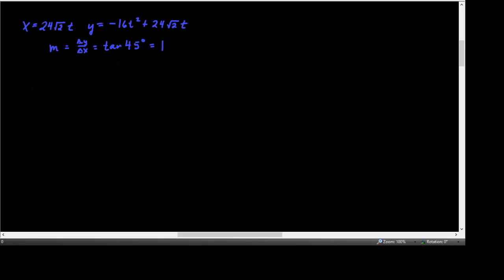Just as a review, the tangent of an angle is defined as y over x if we have an angle in standard position, and this is y, and this is x, opposite over adjacent. So if you're given the angle at which it's moving to the horizontal, then the tangent of that angle will give you the slope. And that's just the initial slope.